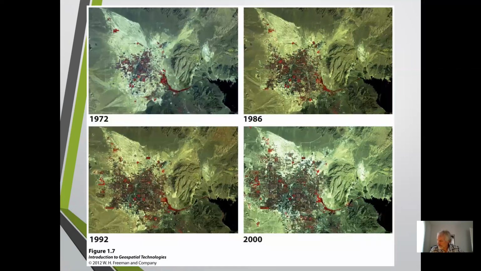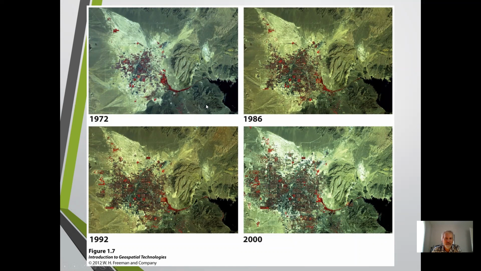All right, so your book is showing you the concept of being able to use GIS or maybe remote sensing data that provides images, or what we call snapshots, of different time frames. What we're looking at here, which is pretty interesting, is actually Las Vegas, and it's showing you a time sequence, what we refer to as a temporal sequence, of images from 1972 up to 2000.